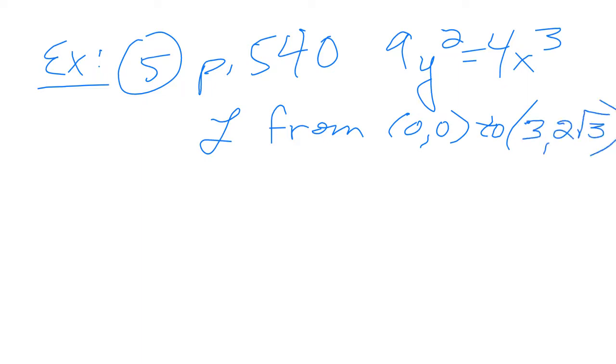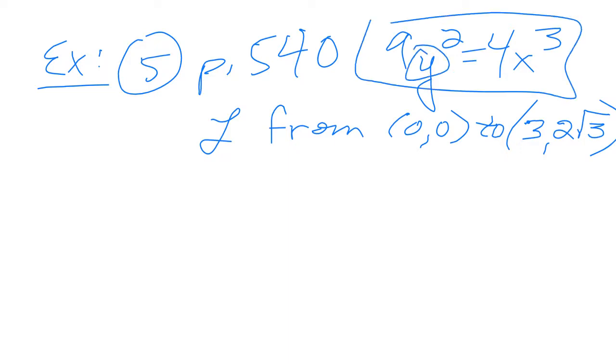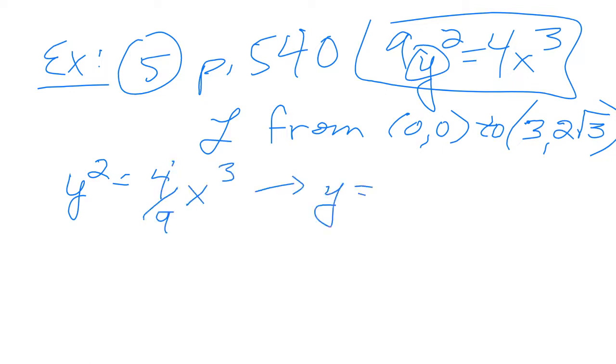Let's draw a picture of this first. I need to solve that in terms of y. So what's f of x equal? We've got y squared equals 4 over 9 x cubed, which implies y equals the square root of 4x cubed over 9, which we can take the square root of 4 as 2.